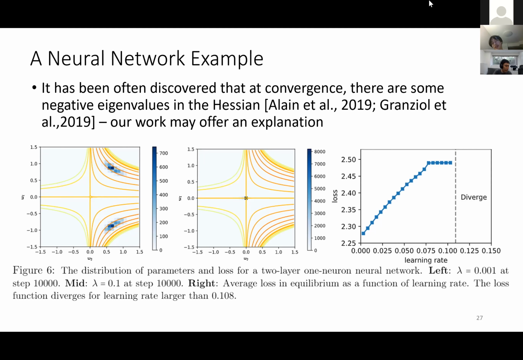Oh, I see another question from Madawa. I'm sorry. Here is the question about the opinion. What do you think of the opinion that every local minimum is a global minimum in higher dimensions when deep learning is concerned?